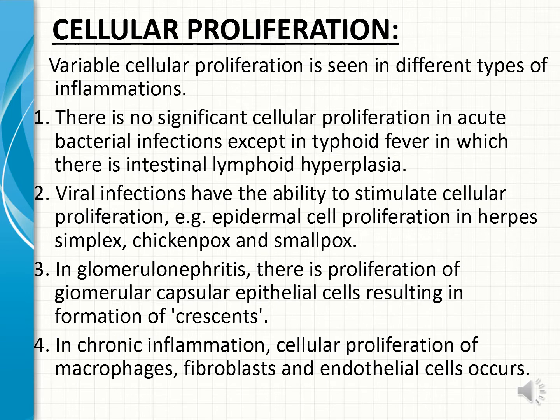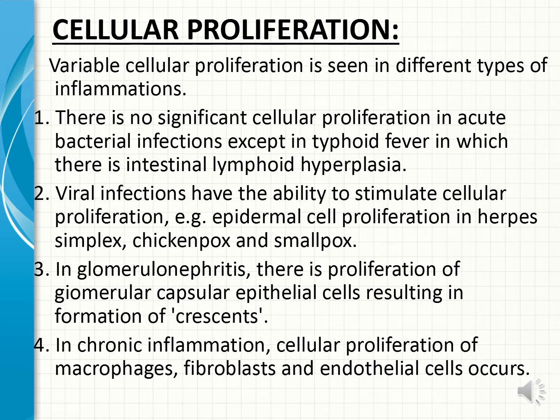We see variable cellular proliferation in different types of inflammatory reaction. There is no significant cellular proliferation in acute bacterial infections, except in typhoid fever, in which there is intestinal lymphoid hyperplasia. Viral infections have the ability to stimulate cellular proliferation, for example, epidermal cell proliferations in herpes simplex, chickenpox, and smallpox.